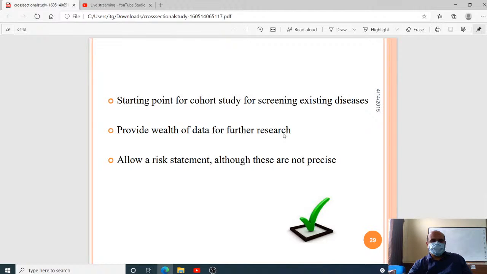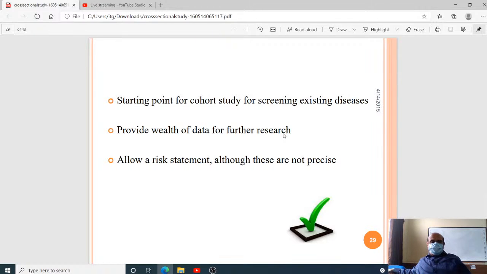Cross-sectional studies can serve as a starting point for cohort studies, for screening existing diseases.